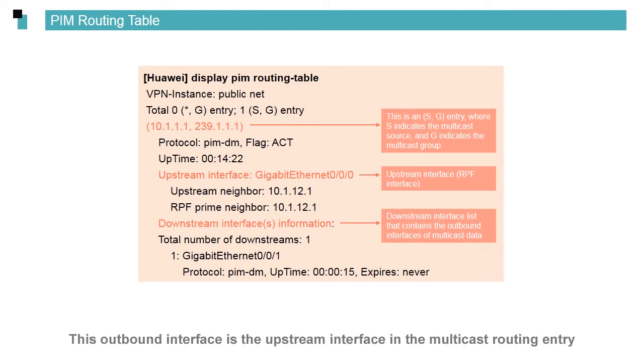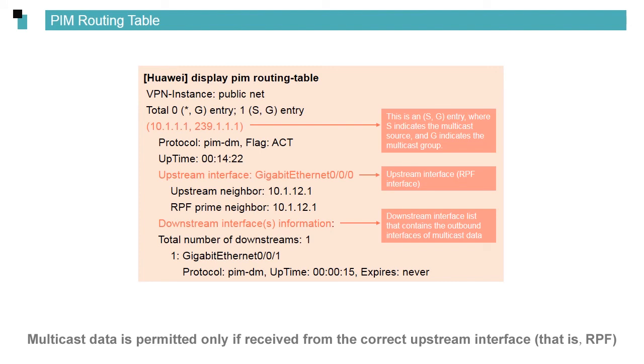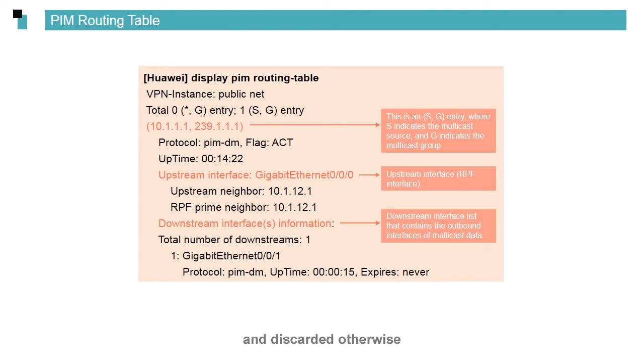This outbound interface is the upstream interface in the multicast routing entry. Multicast data is permitted only if received from the correct upstream interface, that is, the RPF interface, and discarded otherwise. This ensures that multicast traffic is forwarded in a loop-free manner.